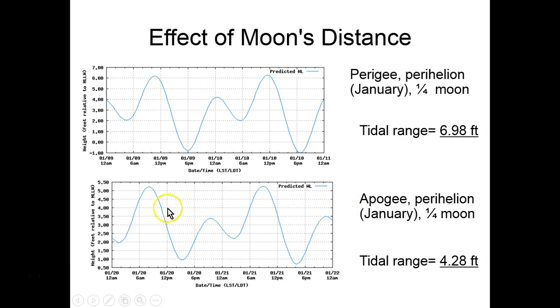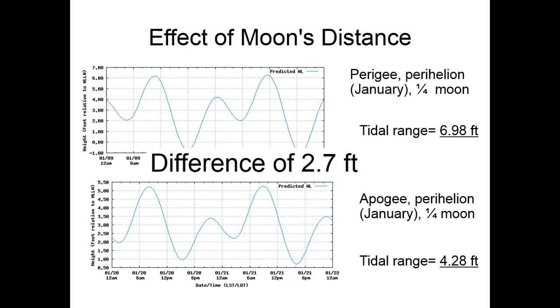The tidal range then, comparing the high tide to the next low tide, was 4.28 feet. So the moon's distance produced an effect of changing the tidal range 2.7 feet. All right, so the first one was about 2 feet with the sun. The moon's distance gives us about 2.7 feet.